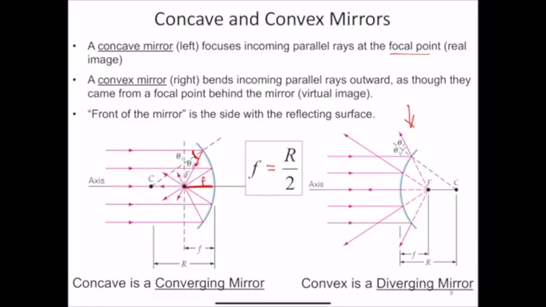And so this is a diverging mirror. And if you produce these rays backwards, you find that they appear to diverge from the point capital F. So capital F is a virtual image here, and it's called the focus of the mirror. It's the point where the rays of light appear to diverge from.